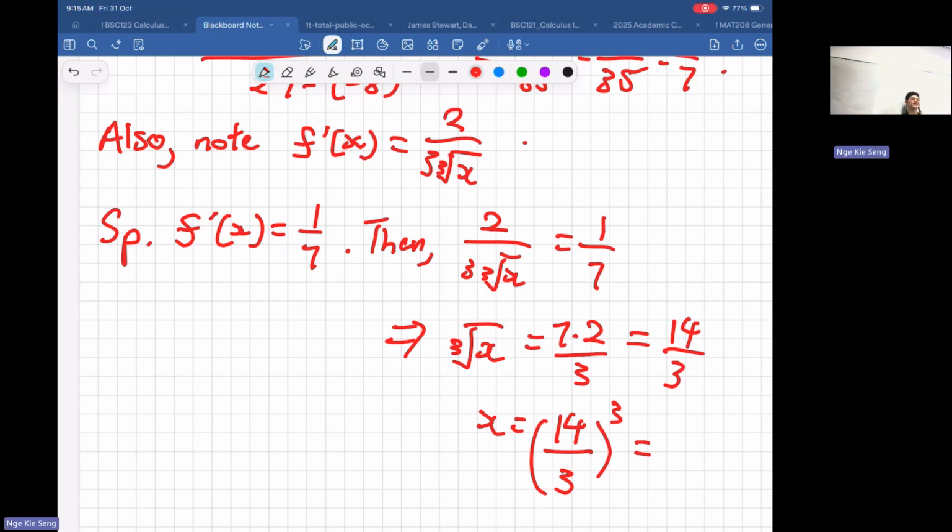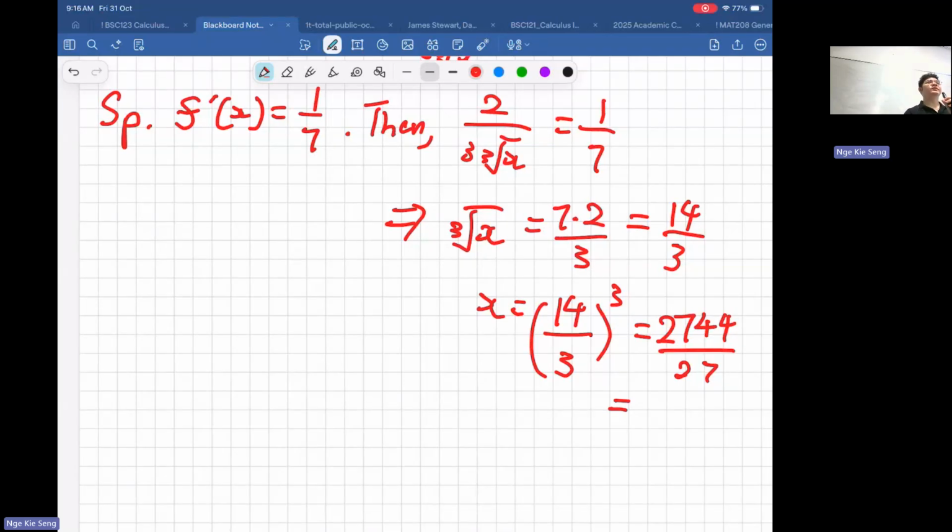Can you help compute what this is? You can use a calculator. About 2000-something over 27. Okay, can you give the decimal?